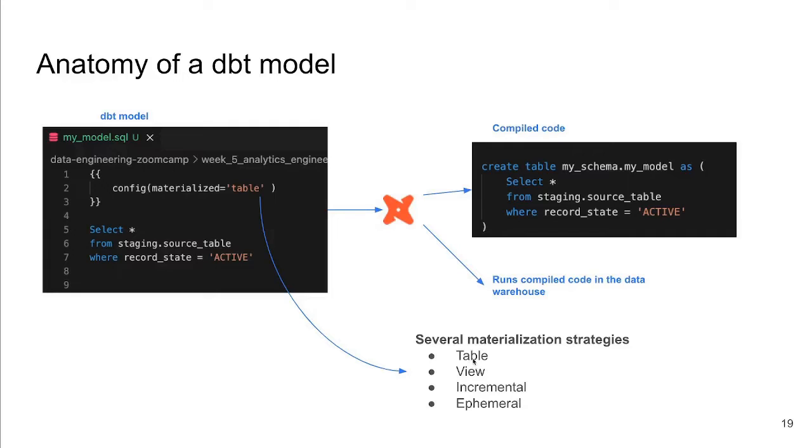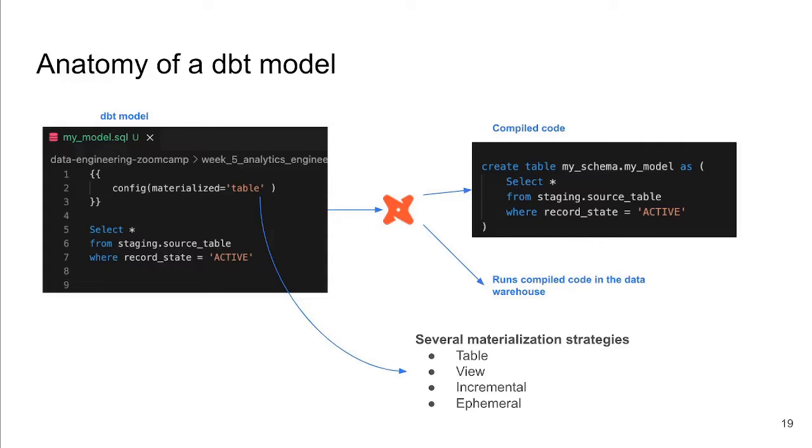The most common ones and simpler as well will be the table and the view, because this is just what it's called. A table is going to drop the table if it already exists in our data warehouse, and it's going to create the table in the schema that we're working with. So remember that I said that we're going to have a development schema and a production one.